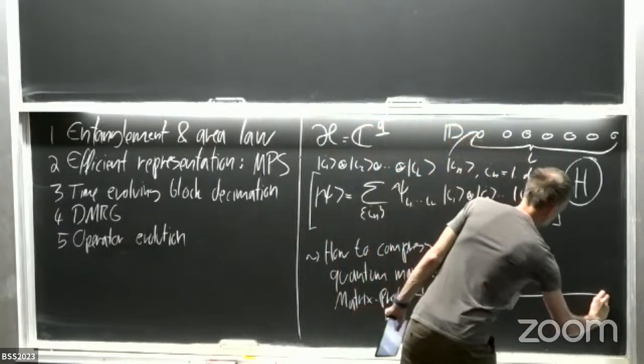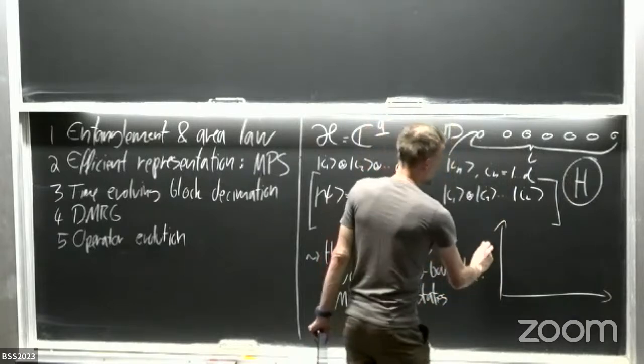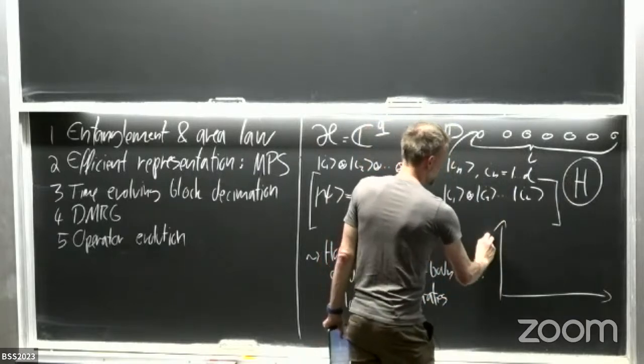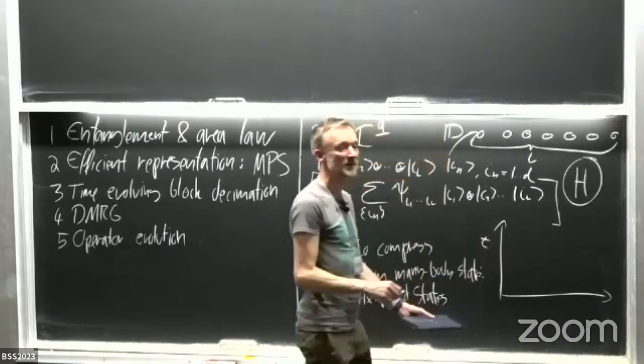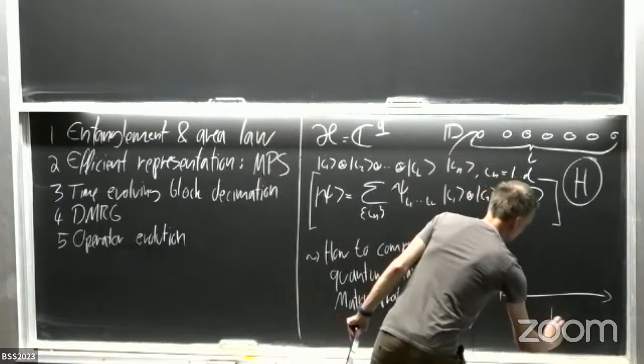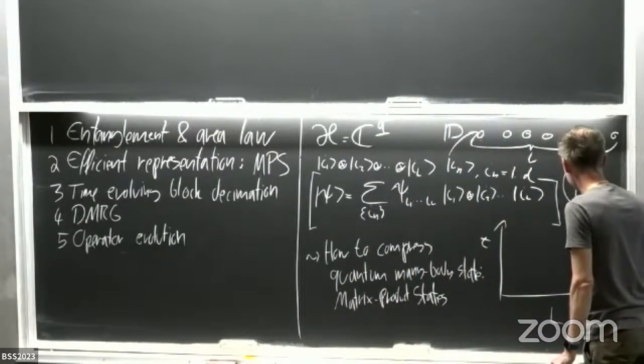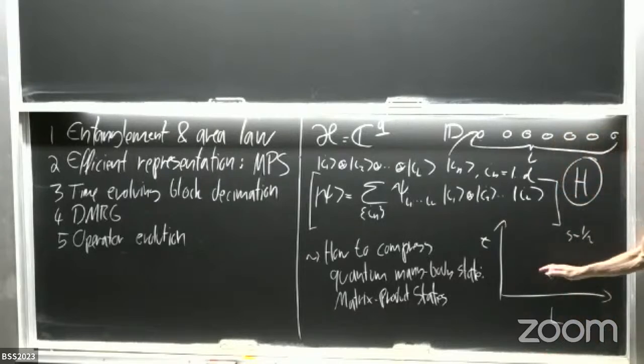A nice plot to illustrate what we will be able to do, what we couldn't do before, is the following. Let us have a diagram where here we have the time over which we want to evolve the system, and here we have the system size. We might consider a spin-1/2 system to add some numbers to our graph.